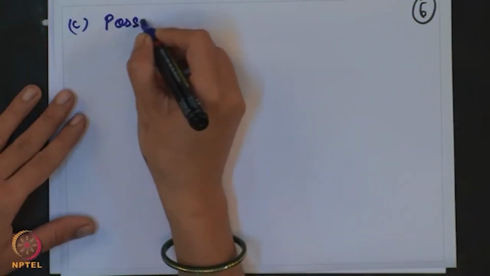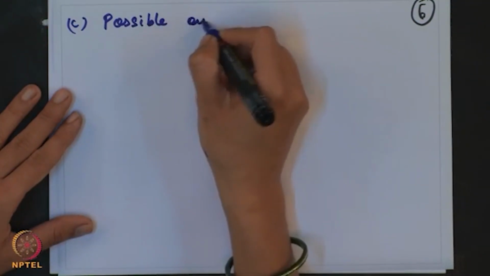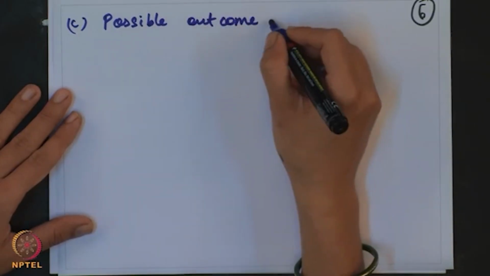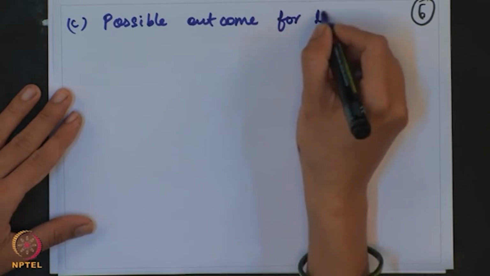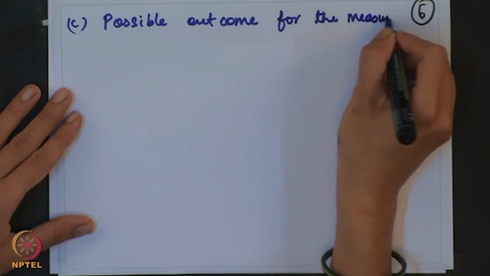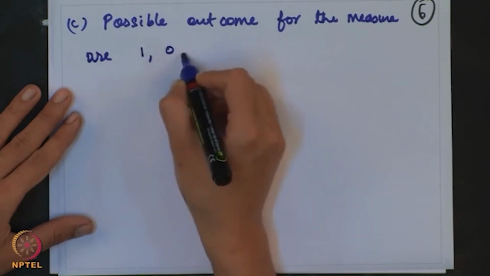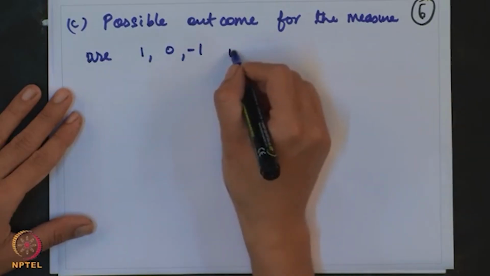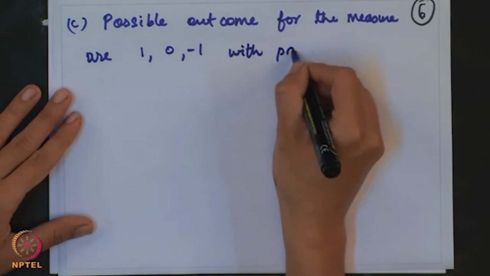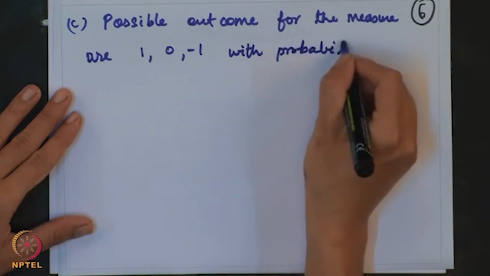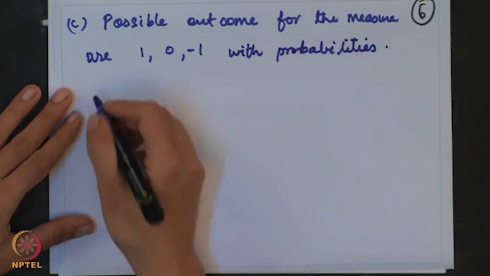What I am trying to say here is that the possible outcomes for the measurement are 1, 0, minus 1, with the probabilities.